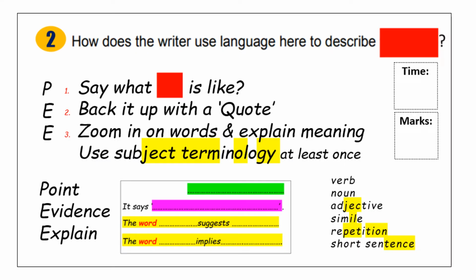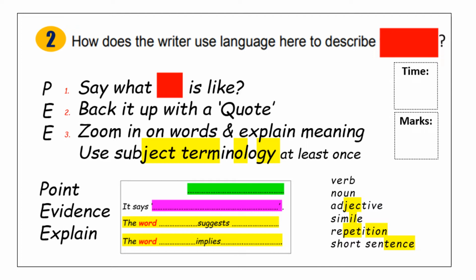Now this is what I made to help people revise and basically remember how to answer question 2. So you've got there that point, evidence, explain reminder and the little writing frame underneath.